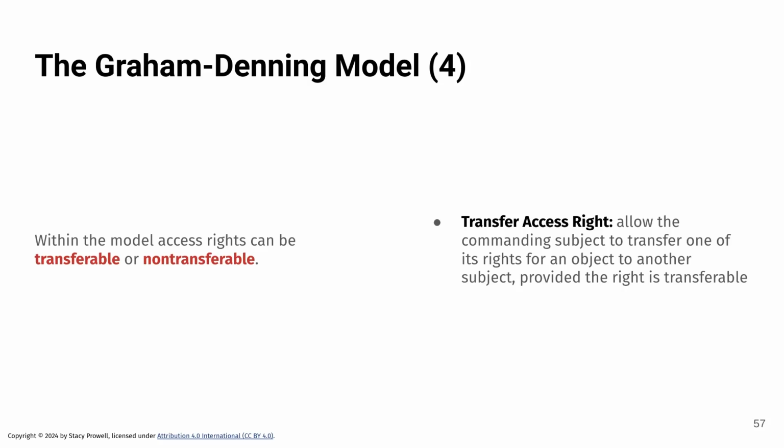Now, transfer sounds like I take it away from me and add it to you, but that's not what it means here. What it means is I have it and I grant it to you as well, and now you have that right. But I can only do that if I have a copy of the right that is transferable. So I have to have a special version of it that's transferable, and then that allows me to transfer it to you. If I have the right to read a file, but that right is not transferable, I can't transfer it.